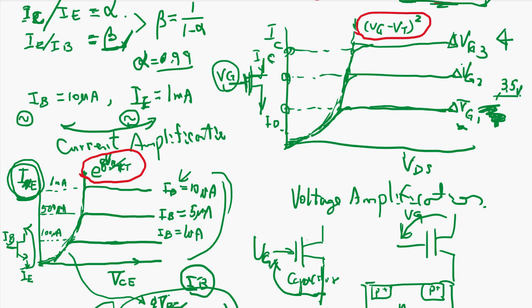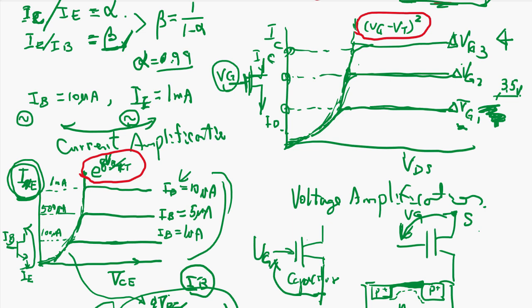You have to apply negative from the source point. Then the depletion layer is created and inversion starts here, and the current keeps increasing until this inversion layer reaches the other point. From there it becomes like a conductor, and saturation.